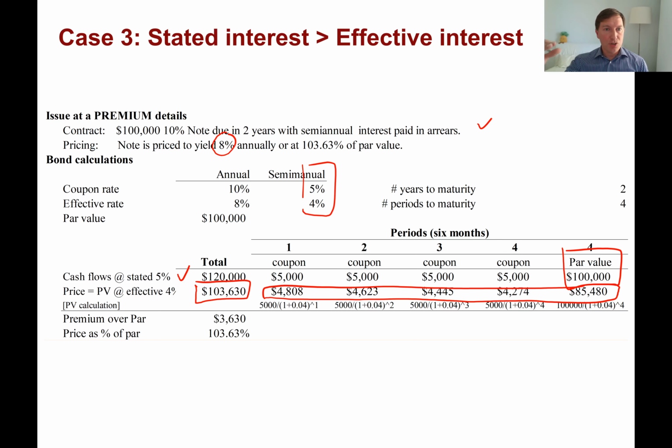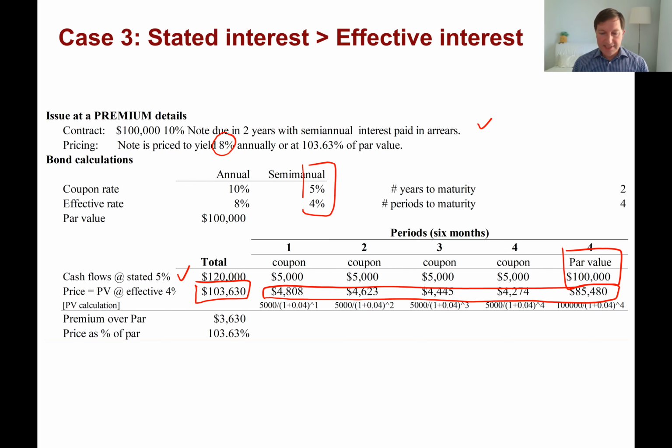So if the company commits to 10%, but the market charges only 8%, the market is going to price this bond at a premium relative to the par value, right? Because we're paying 10% relative to the par value. The market is charging only 8%, so the market will reward us and give us more money as compared to the par.